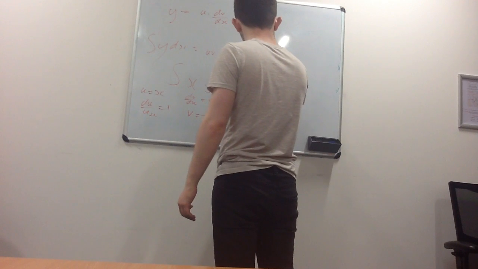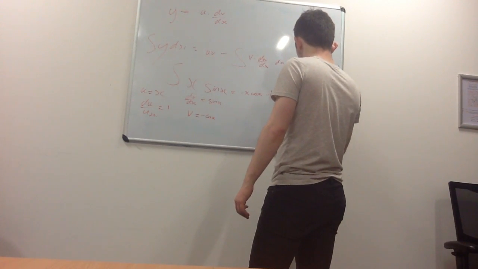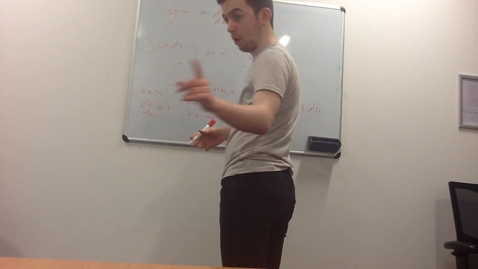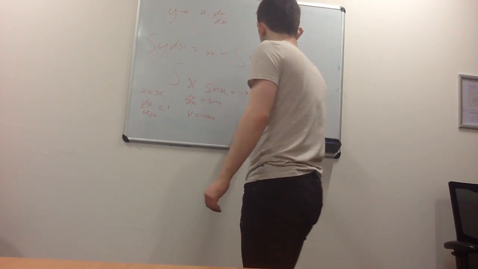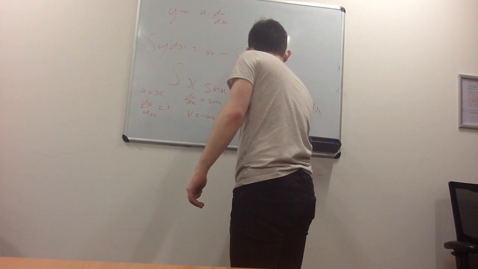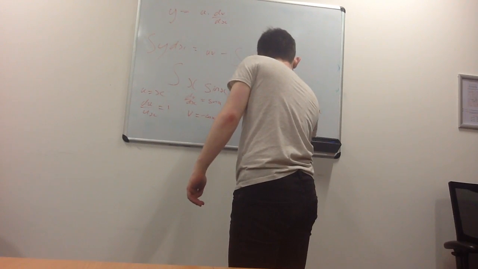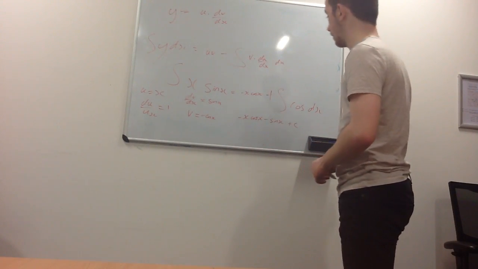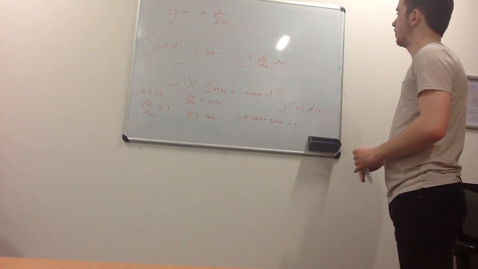The minuses, you can take them outside and they'll cancel, and it'll just be cos x dx, which naturally integrates to a positive sine. So it will be minus x cos x plus sin x. And remember your c. That is the easiest thing to forget. Right? And there you go, that's it.